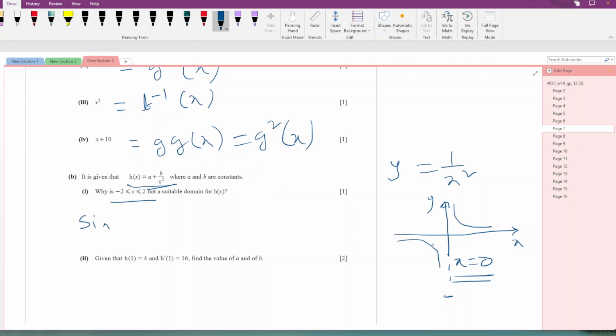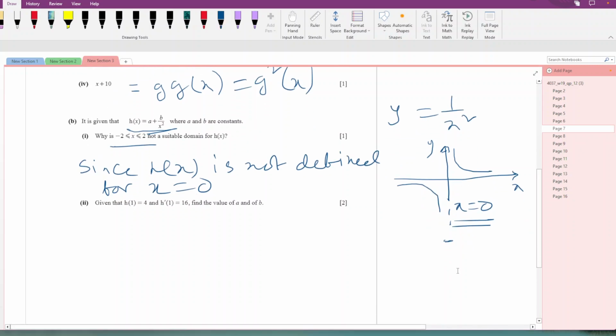Since you can write Hx is not defined for x equals to 0.